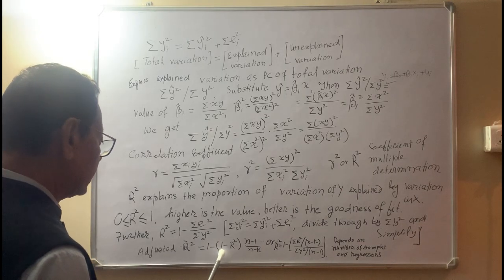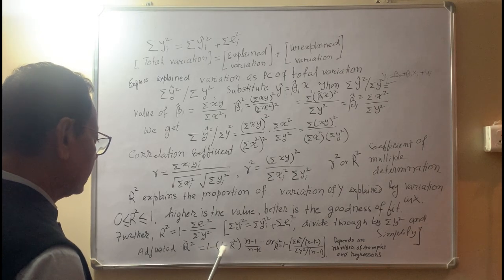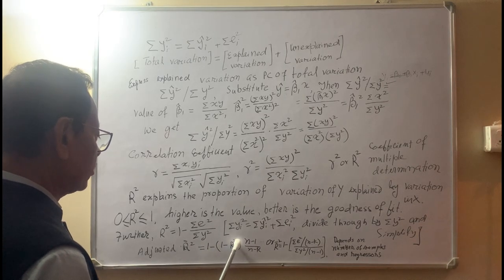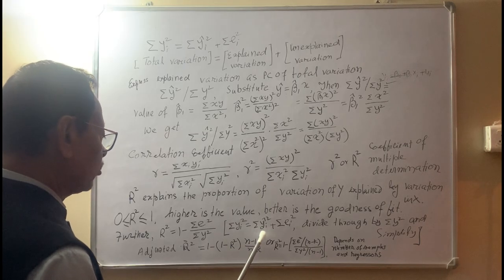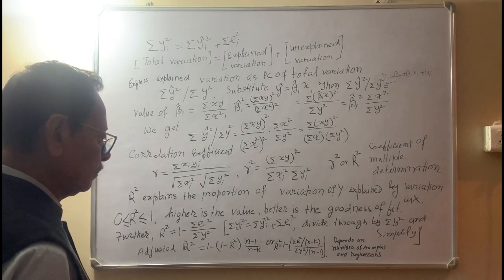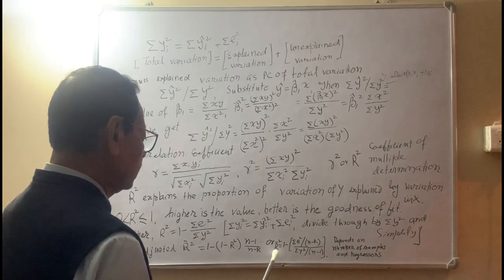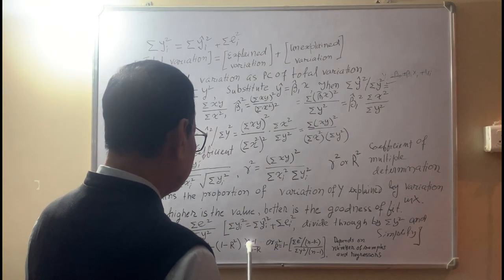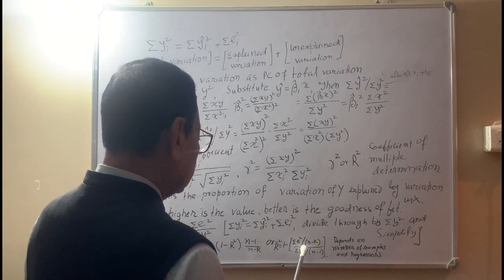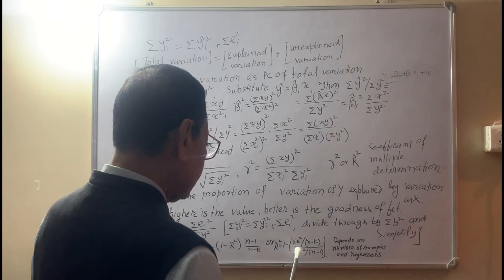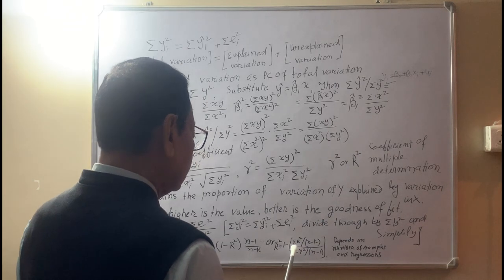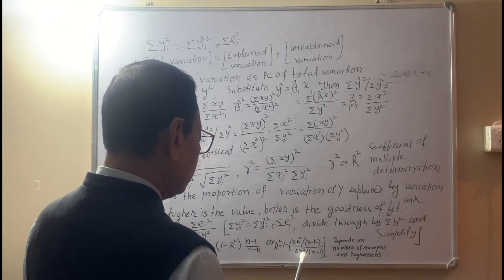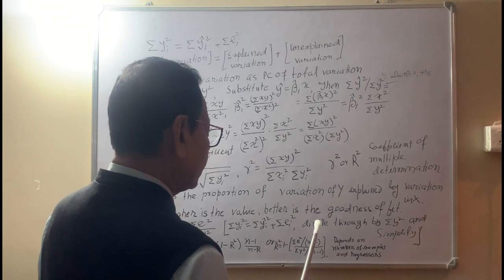The formula is 1 minus, within brackets, 1 minus R square into n minus 1 by n minus k, or adjusted R square is equal to, we can further break it, summation ei square by n minus k divided by summation y square by n minus 1.